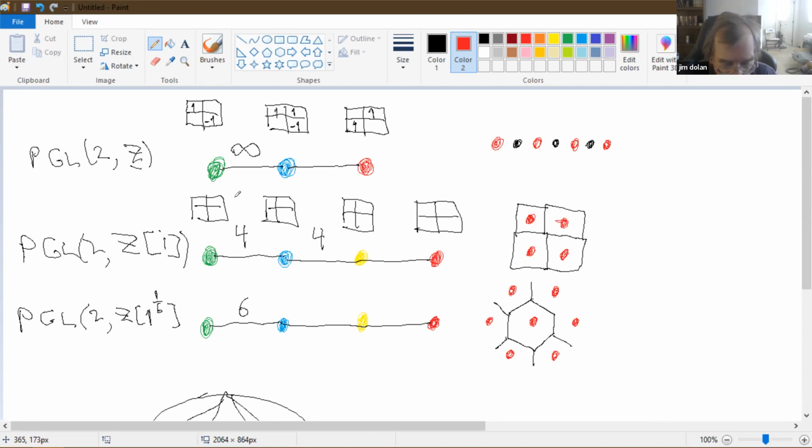In principle, we could do this. Does it seem right that the red one will be independent of the number ring?